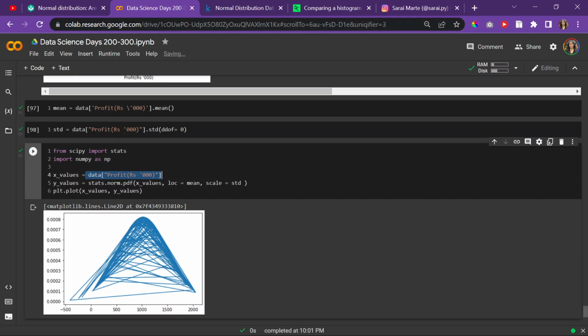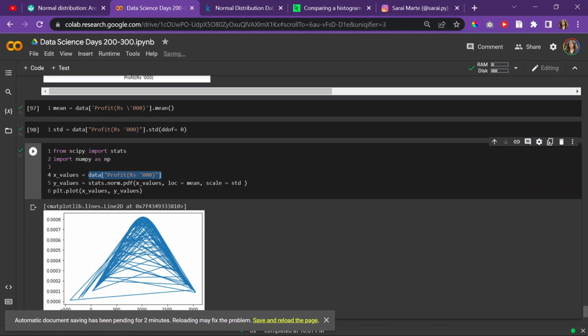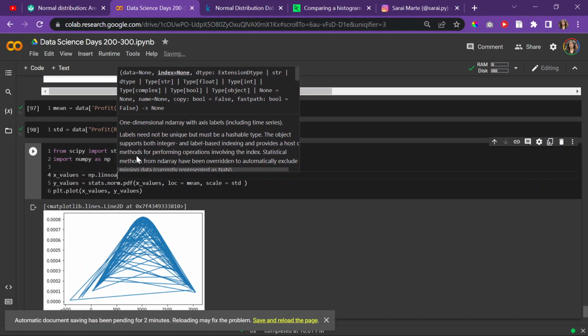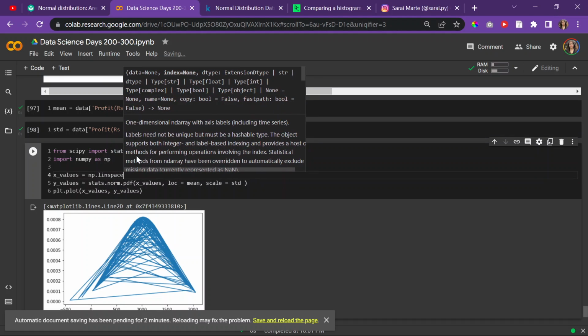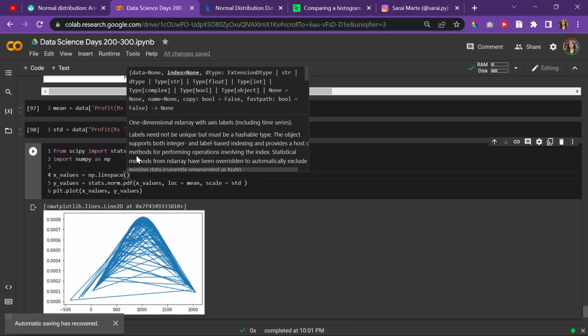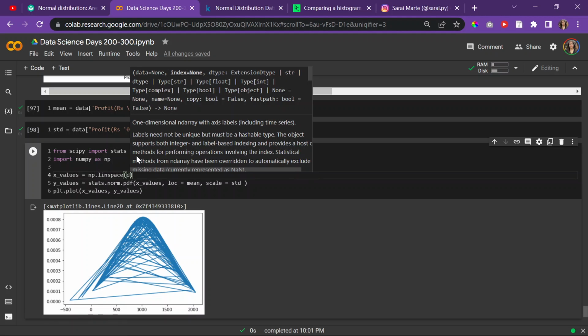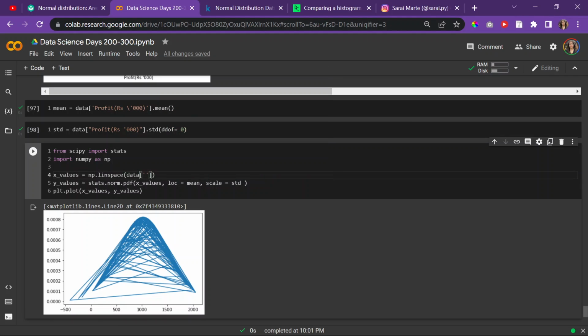My x values. Did I make this? For each of the x values. Oh no. Okay, let me do np.linspace. No, because then that wouldn't make sense. So maybe I'll start at data profit dot minimum. Is that even something?